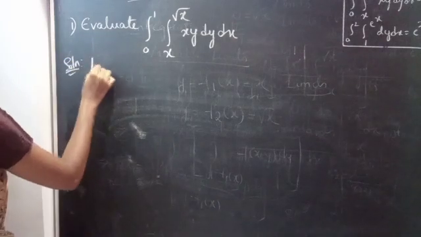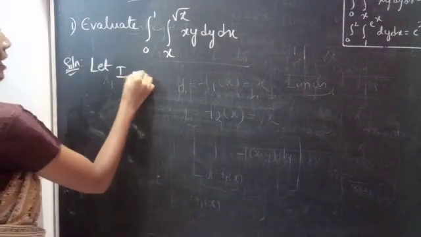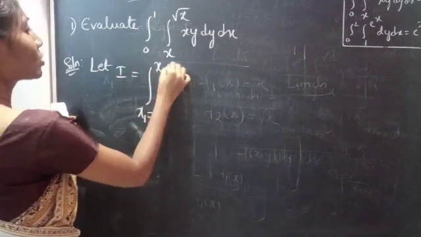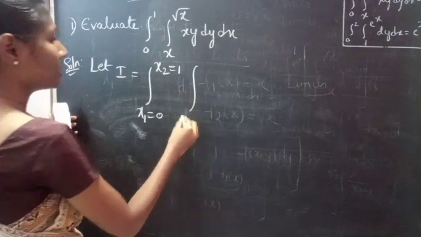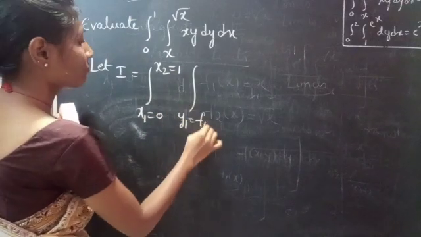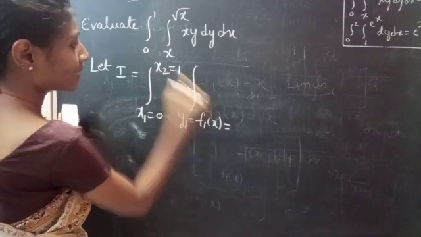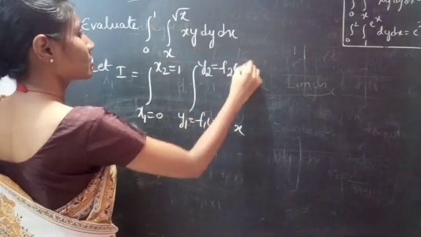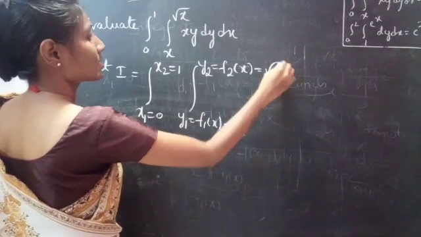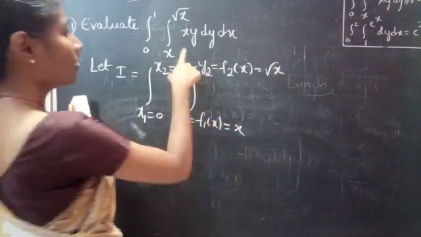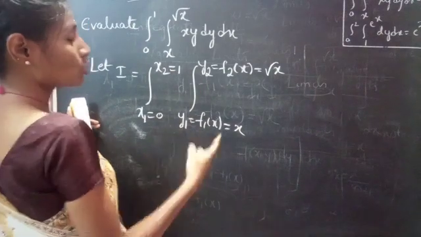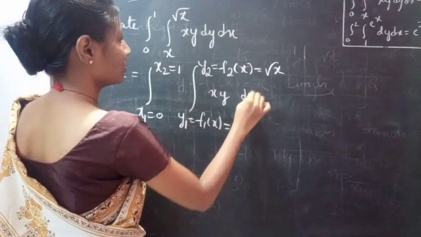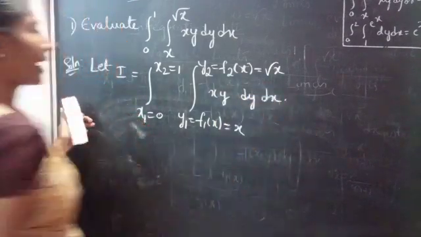Solution. Let I equals to integral x1 equals 0, x2 equals 1, integral y1 equals f1 of x equals x, y2 equals f2 of x equals root x, into xy, since this is in y, so you'll get dy first, into dx.